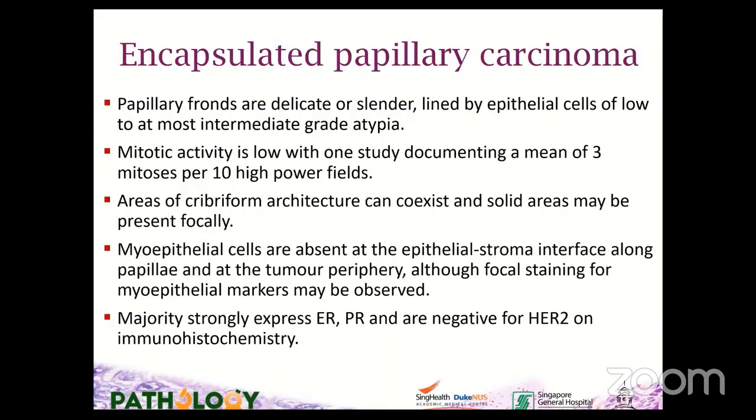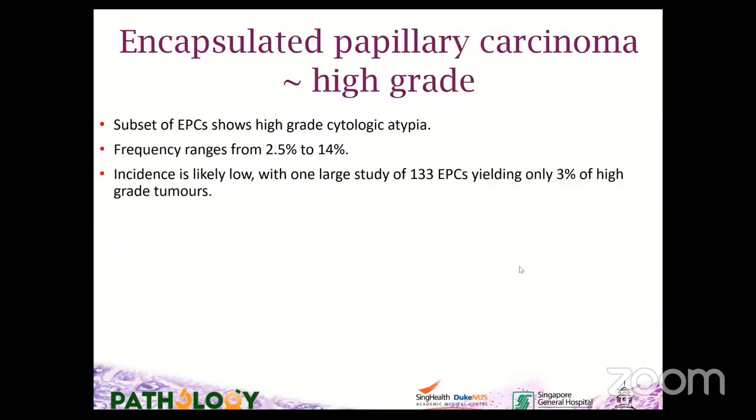As mentioned earlier, myoepithelial cells are absent at the epithelial stroma interface along the papillae and at the tumor periphery, although focal staining for myoepithelial cells may sometimes be seen. The majority of these tumors strongly express ER and PR and are negative for HER2 on immunohistochemistry.